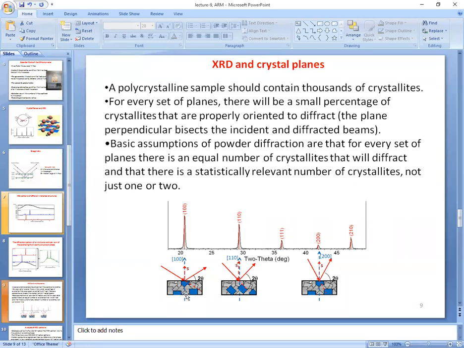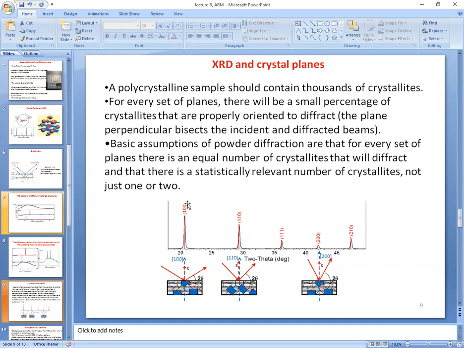Like you can see, there are a lot of planes. So each plane diffracts in a different way, at a specific position of the two theta values. All the similar planes in all the crystallites diffract at a similar position.